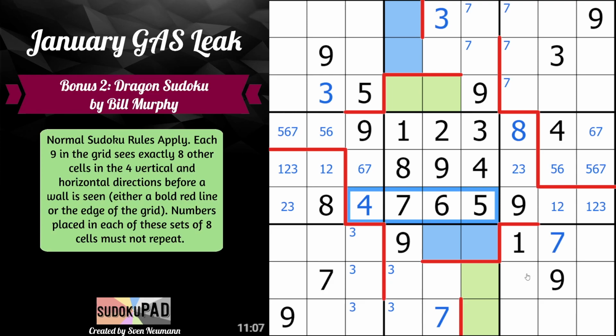4, 5, 6, 7. 4, 5, 6, 7. 1. And either 2 or 3. 3 couldn't go here, so 3 would have to go here. If it's 3, which would give 3 here, but that doesn't do anything right now. Otherwise, it's 3 here with 3 here, and that really doesn't do anything at all.